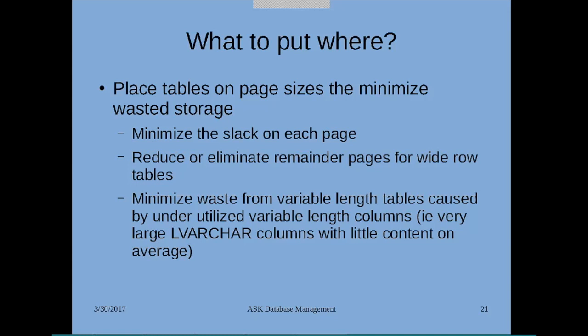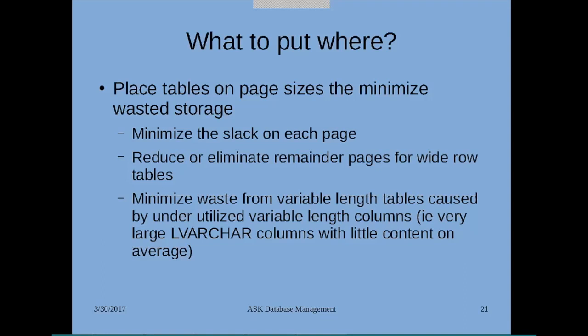Also, be careful. Another issue is if the row is wider than the page size in the DB space. If you have a 3K row in a 4K DB space, 3 rows are going to sit on 4 pages, okay, because with those tail ends, or maybe even on 5 or 6 pages, because those tail ends that are beyond 2K will go on a remainder page, and yes, the remainder page can hold multiple tail ends as long as they're not too big, right?